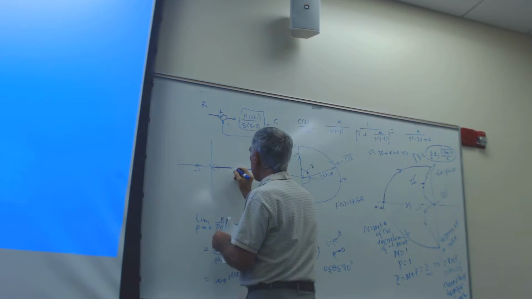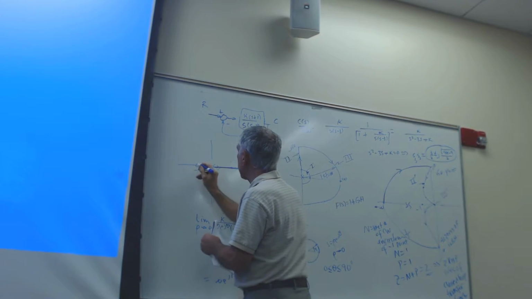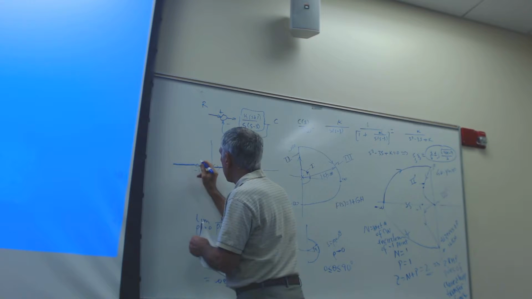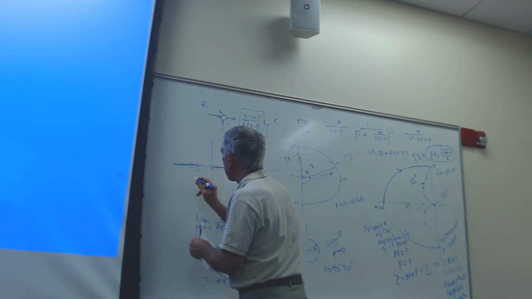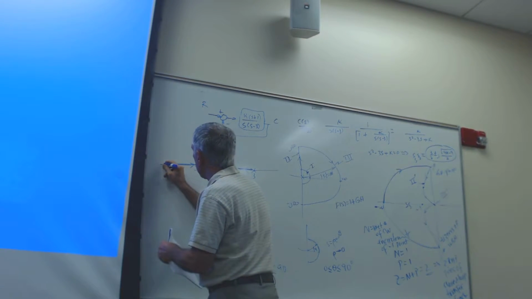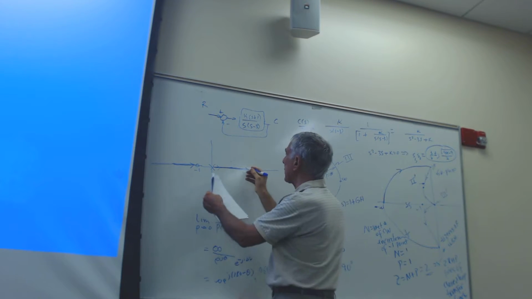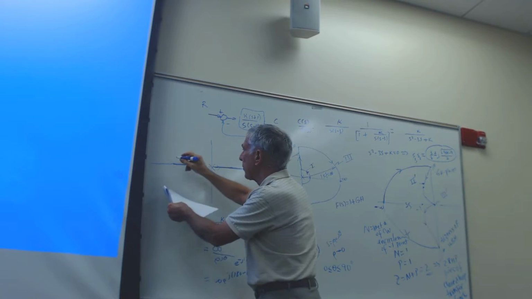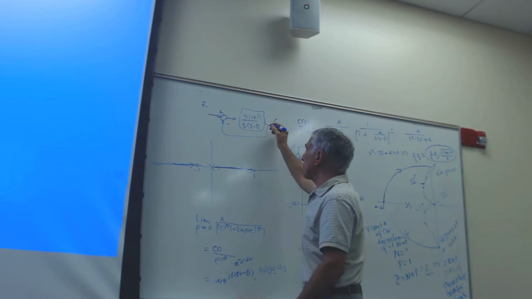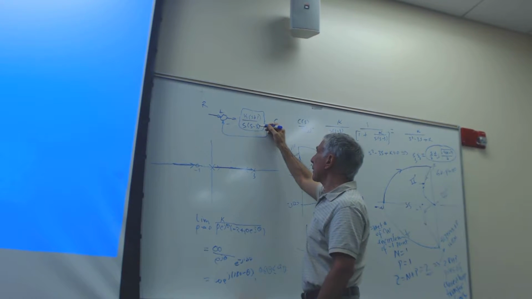The locus is going to exist here, always directed towards that zero. And it's going to break away and re-enter, right? Number of asymptotes.